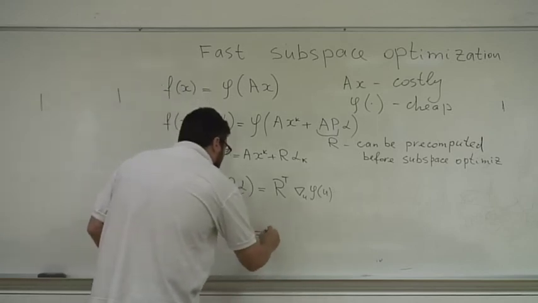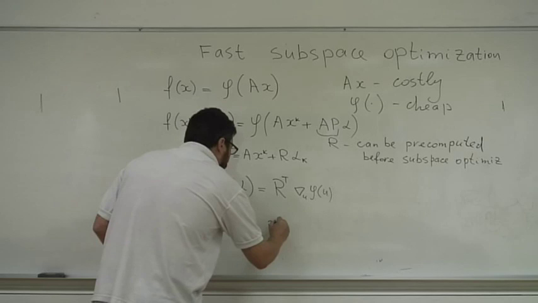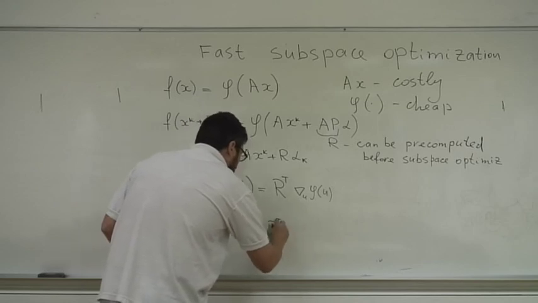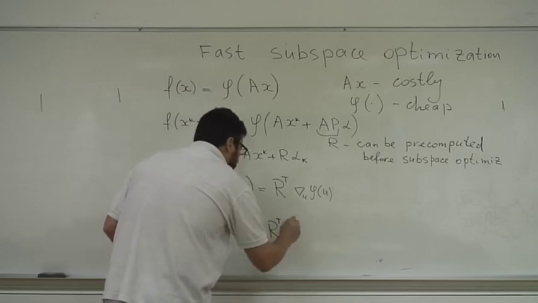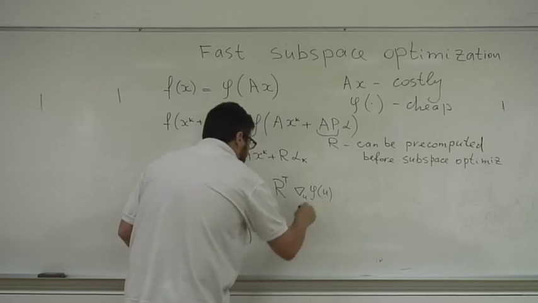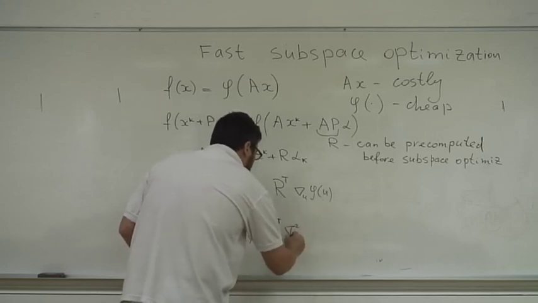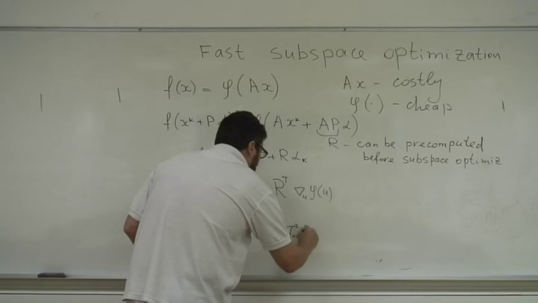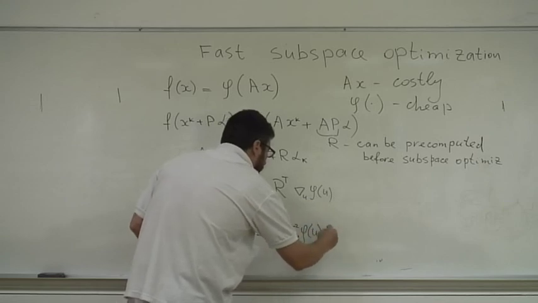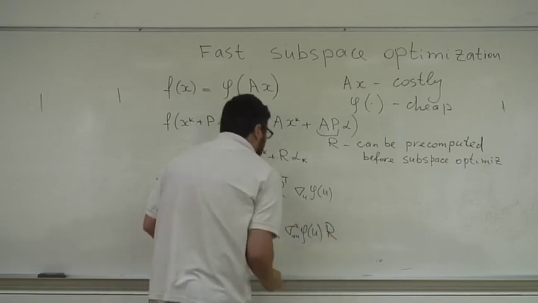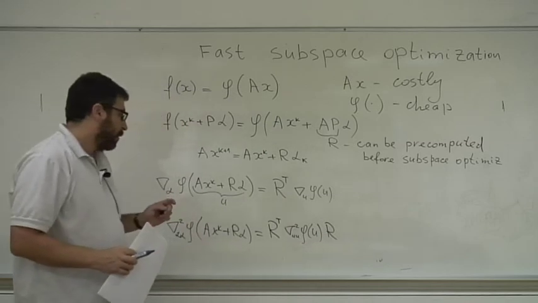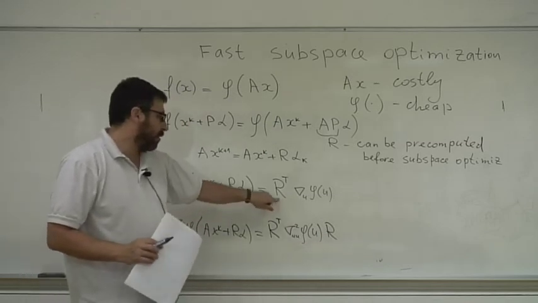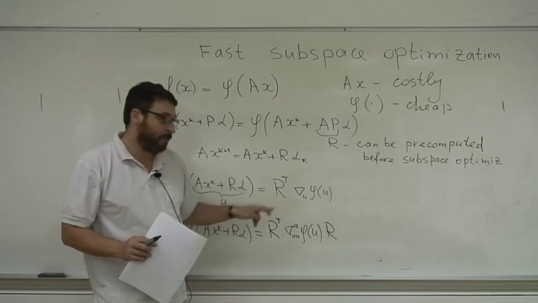And it will be just R transpose, Hessian of this inner function, U, phi of U, multiplied by R. So as you see, those operations are cheap.